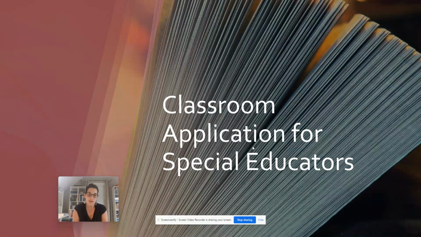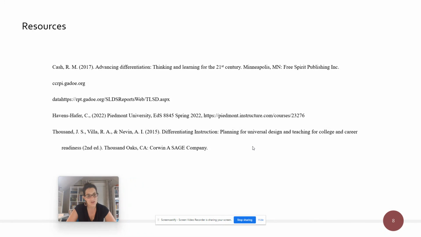You can group students and have rotations throughout where you're targeting specific skills, and you can group them by readiness, by interests, by learner profile. These are really great ways to deepen and provide solid individualized instruction for each student.